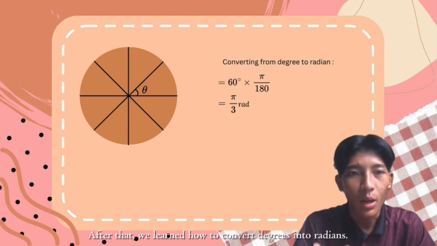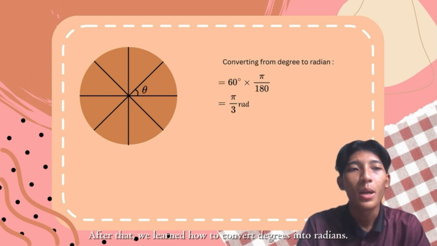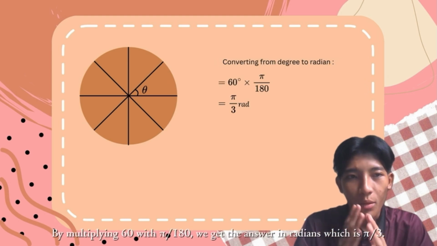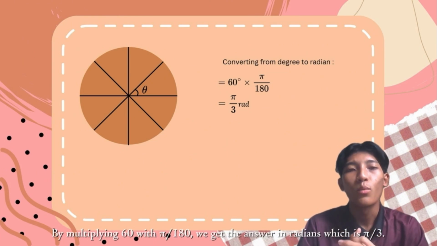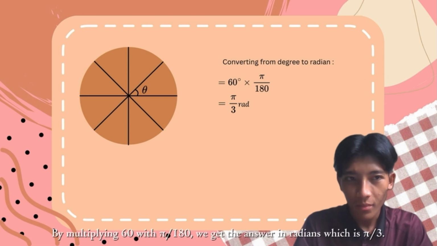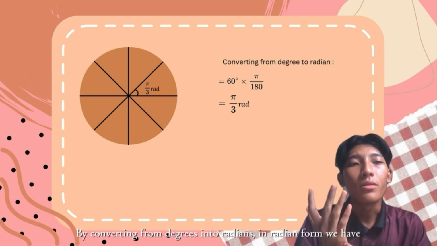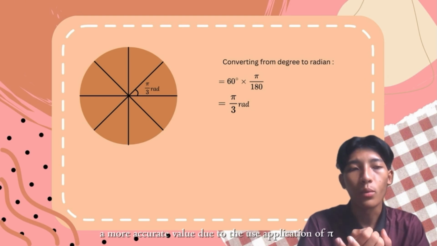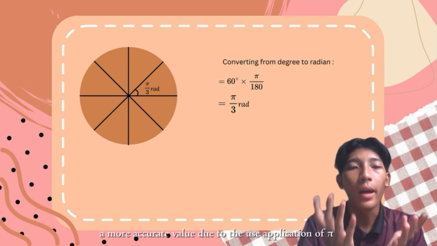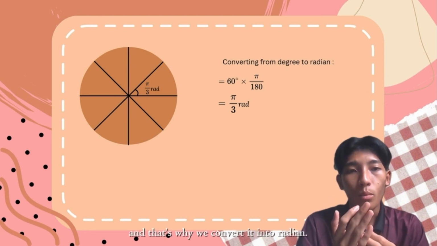After that, we learn how to convert degrees into radians. By multiplying 60 with pi over 180, we get the answer in radians, which is pi over 3. By converting from degrees into radian form, we have a more accurate value due to the application of pi, and that's why we convert it into radians.